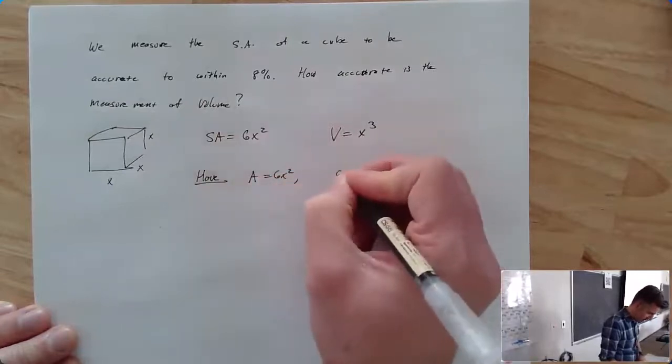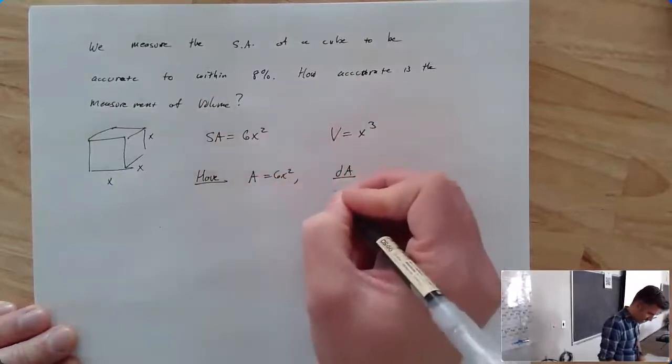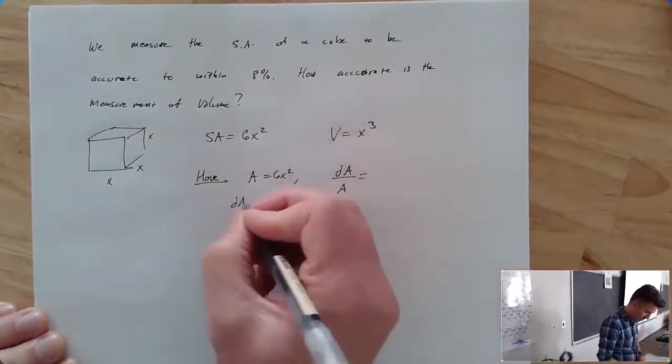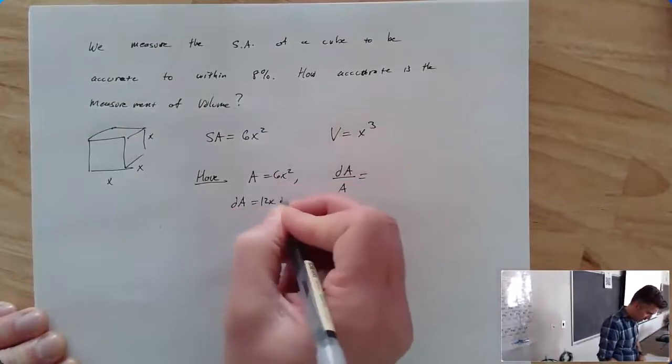So dA divided by A is going to be, well, dA is 12x times dx.